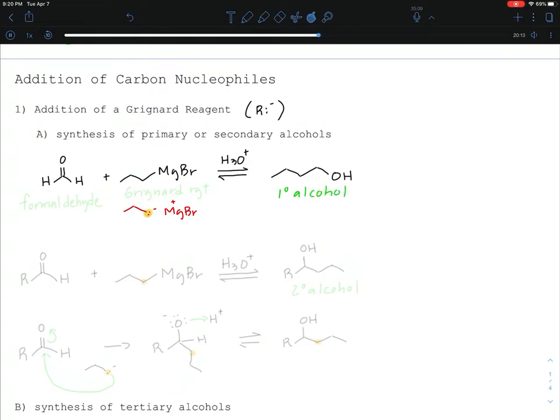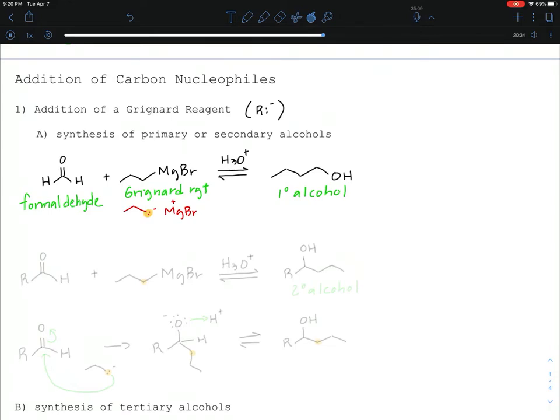If we take this Grignard reagent and we react it with formaldehyde, what if I wanted to react some other kind of aldehyde with a Grignard reagent? Well, if it's not formaldehyde, I'm getting a secondary alcohol.